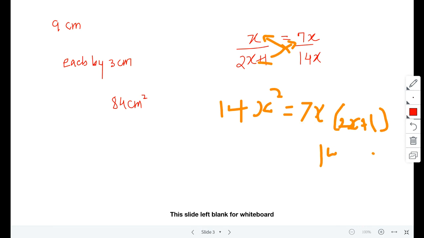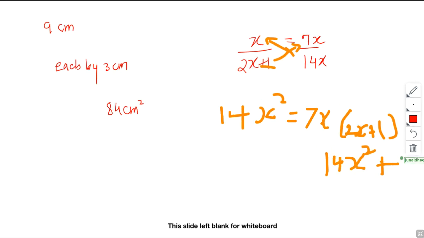Now we can take that there, take this there to get 0 equals 7x.